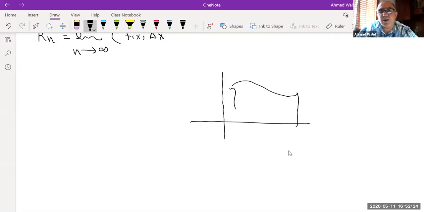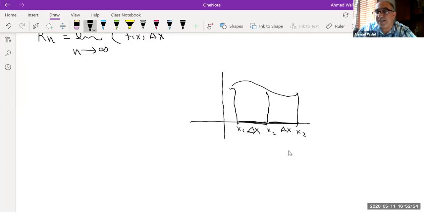Let me just draw two rectangles here to make it clear for you. This difference, I will call it delta x. Agree? We usually show the difference by this sign, delta. If this is x1, if this is x2, then delta x equals x2 minus x1. From here to here, again, it's delta x.